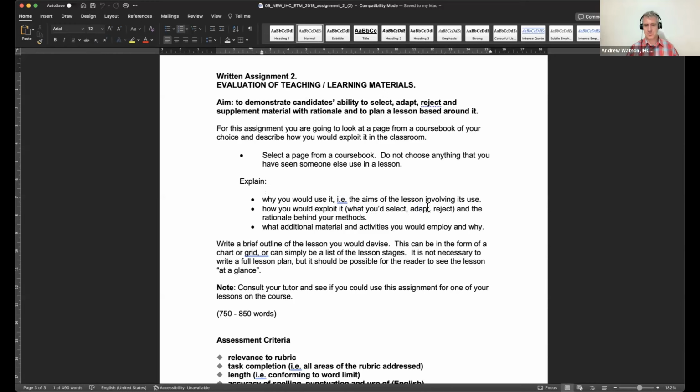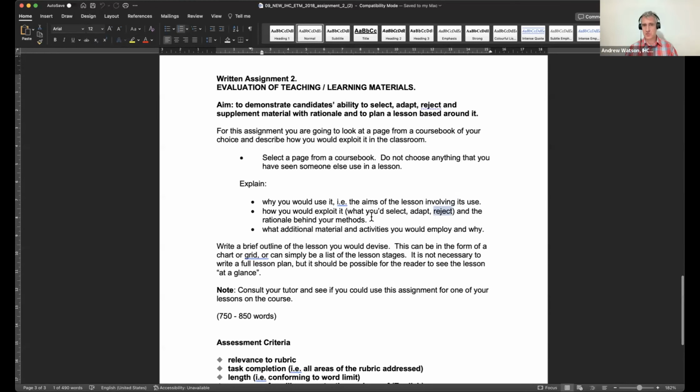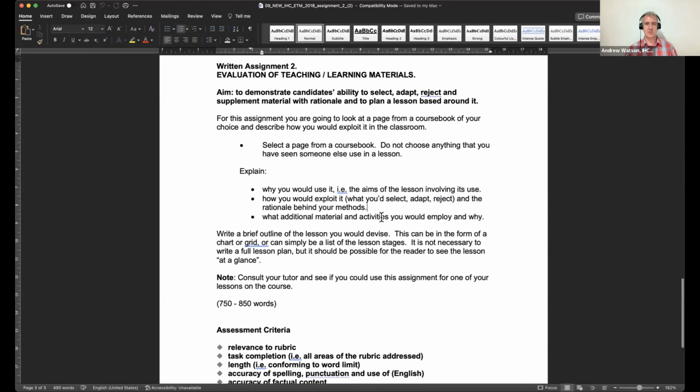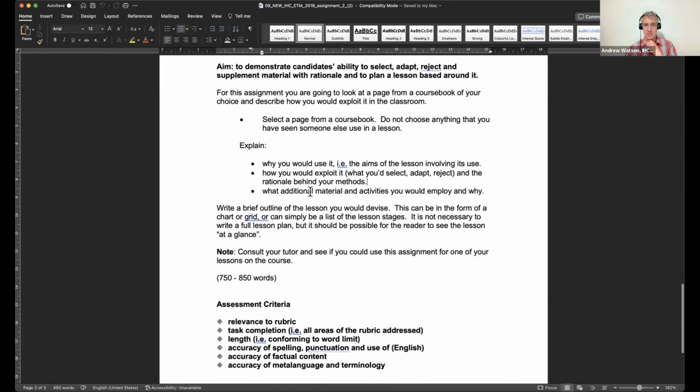Adapt could mean you're changing the material slightly, for the online context for example, because remember this material is designed mainly for face-to-face classrooms. And what you would reject, right? Not use. The rationale behind your methods. What additional material and activities you would employ and why.